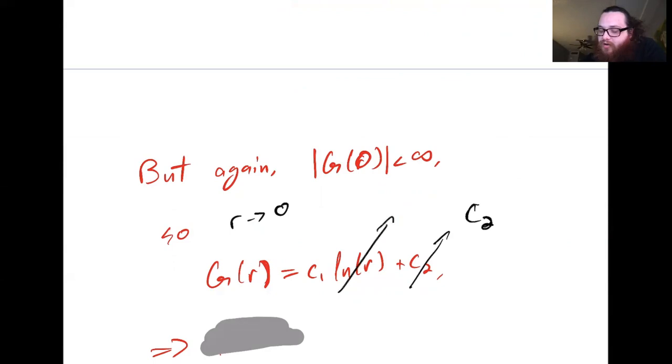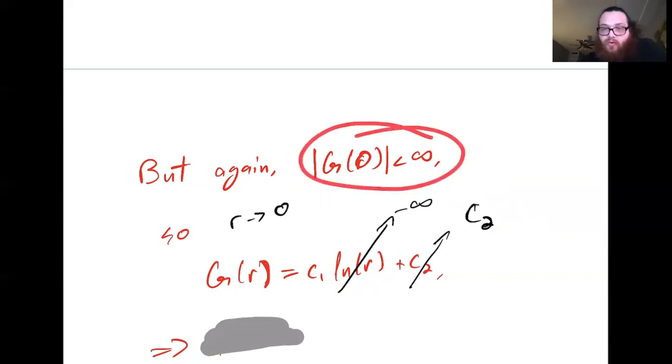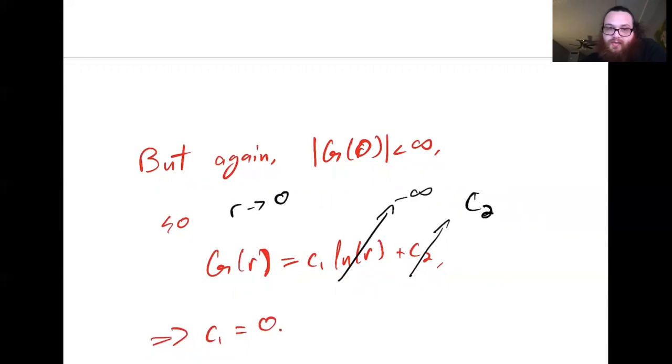But ln of r is going to go to minus infinity. So if c1 is non-zero, then g of r is going to blow up as r goes to 0, which we want to avoid. So that forces c1 to be 0. So the only possibility for g when n is equal to 0 is the constant solution, which we saw before.